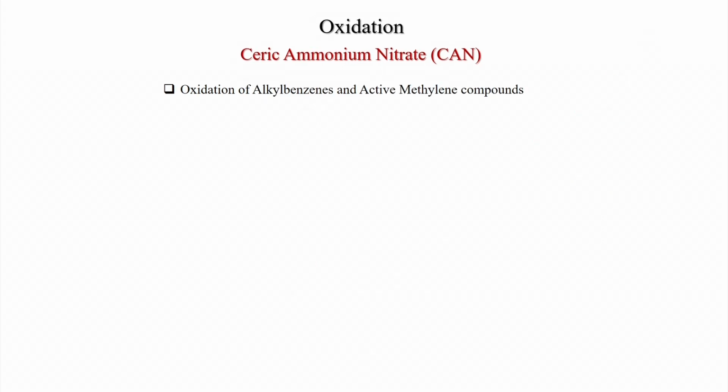Oxidation of alkyl benzenes and active methylene compounds. Under certain conditions this ferric ammonium nitrate also oxidizes alkyl benzenes, like here ethyl benzene, with ferric ammonium nitrate 5 mole percent, potassium bromate 0.5 equivalent and dioxane water, you get acetophenone in 90% yield.